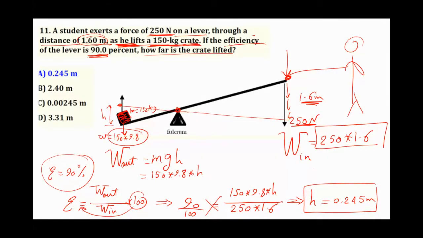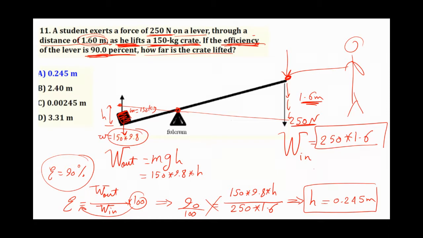But here there is an efficiency, 90%. Like when you apply 100 joule, you will receive only 90 joule, because there is an efficiency of 90%. So if he applies whatever work, he will receive only 90% on the other side.